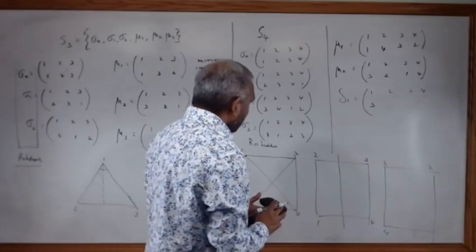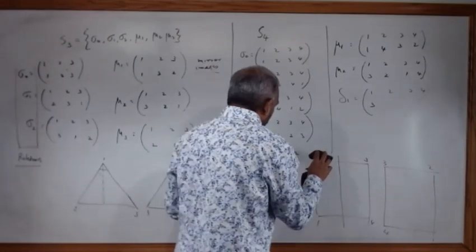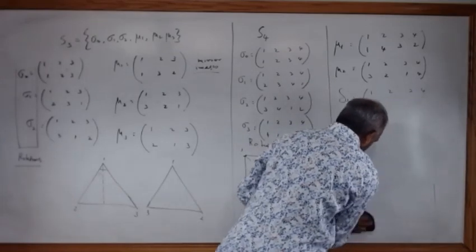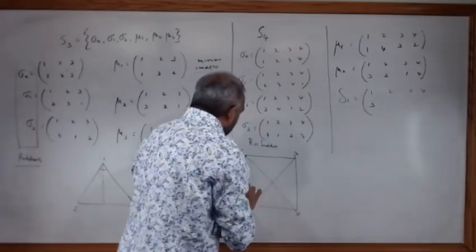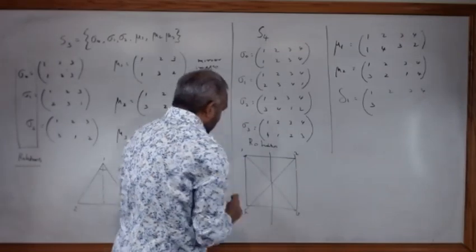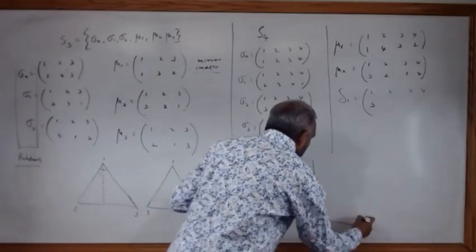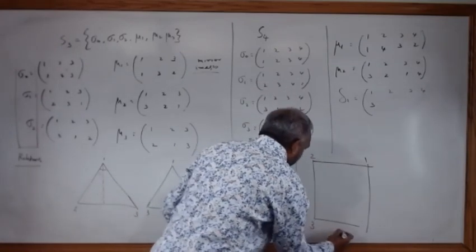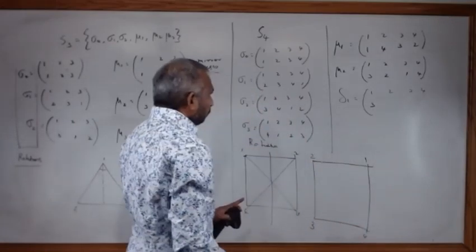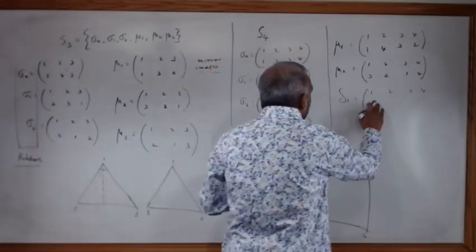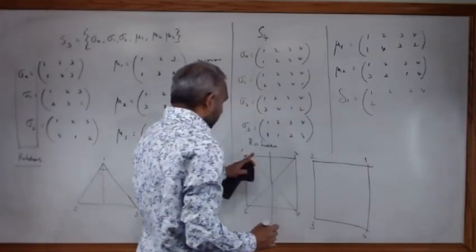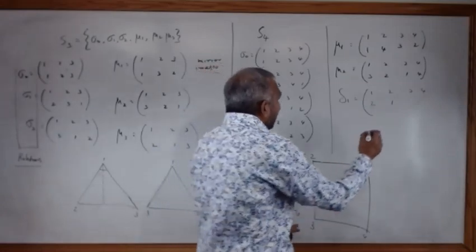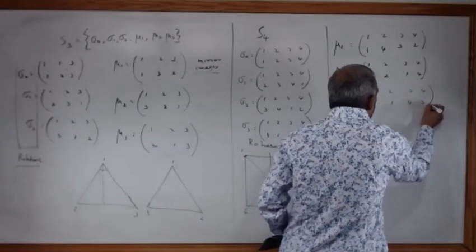I'm sorry, just a minute. If you are taking the perpendicular bisector like this, this will be 2, 1, 3, 4. So 1 goes to 2 and 2 goes to 1, and 3 goes to 3, 3 goes to 4 and 4 goes to 3.